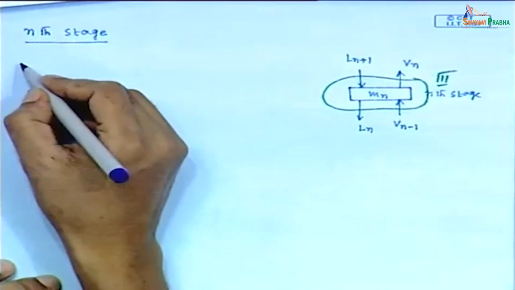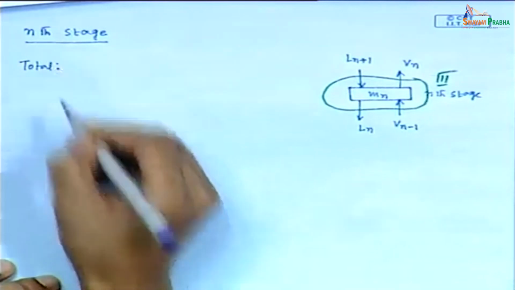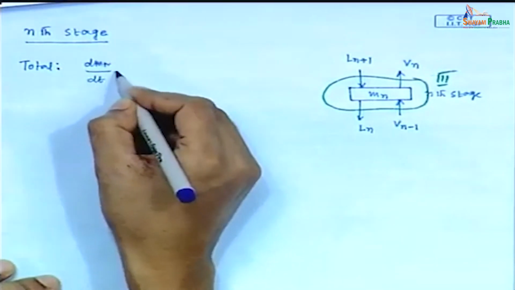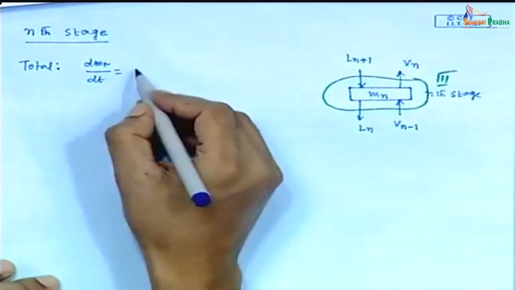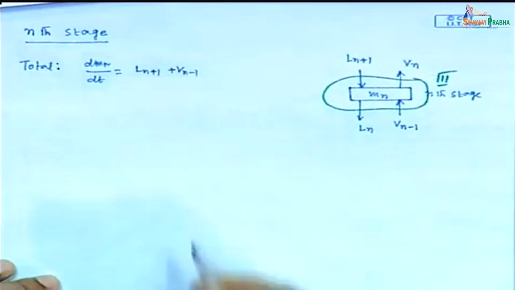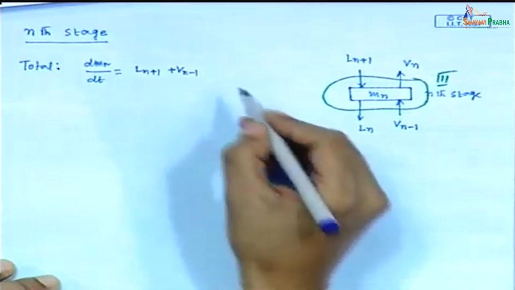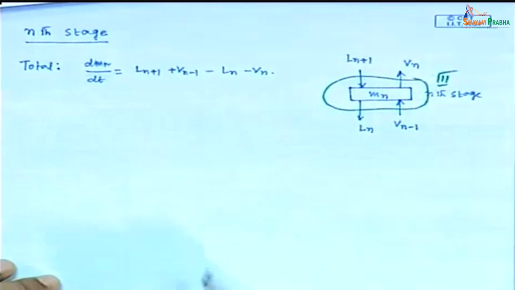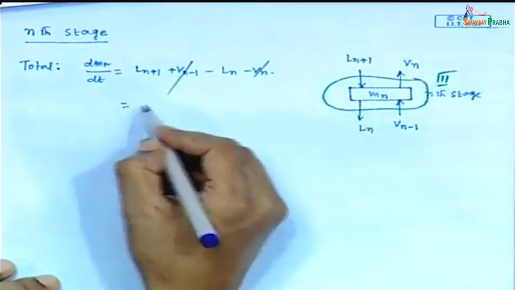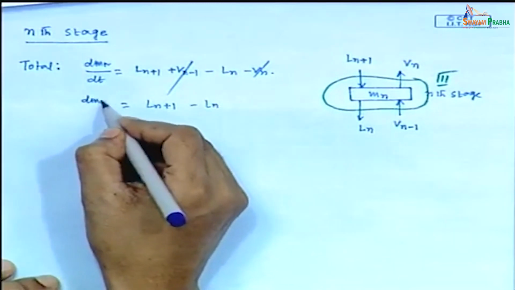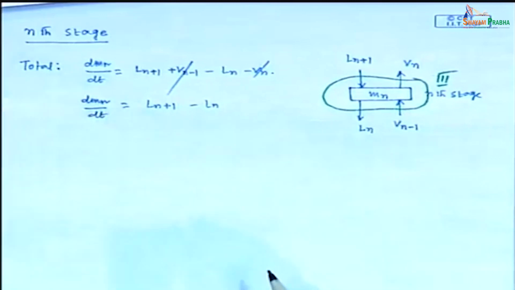You quickly derive the modeling equations. What will be the total mass balance for this? dMn/dt equals, incoming streams are Ln plus 1 plus Vn minus 1 and outgoing streams are Ln minus Vn. That means, the final expression is dMn/dt equals Ln plus 1 minus Ln.